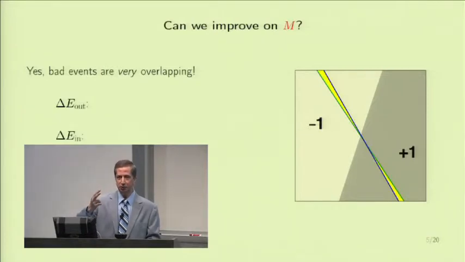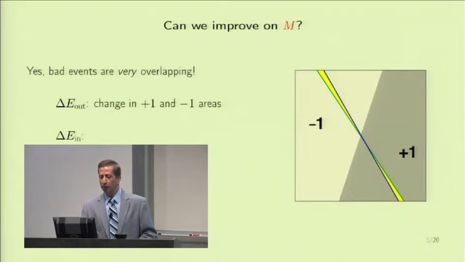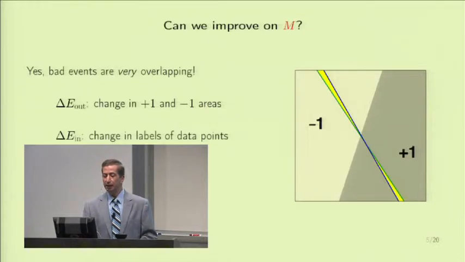That's where E in changed. If you look at the area that gives you the change in E out, and then the delta E in, the change of the labels of data points: if one of the data points happens to fall in this yellow region, then its error status will change from one hypothesis to another, because one hypothesis got it right and the other one got it wrong.